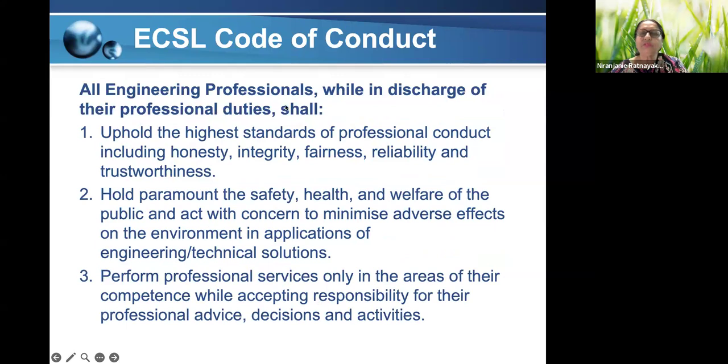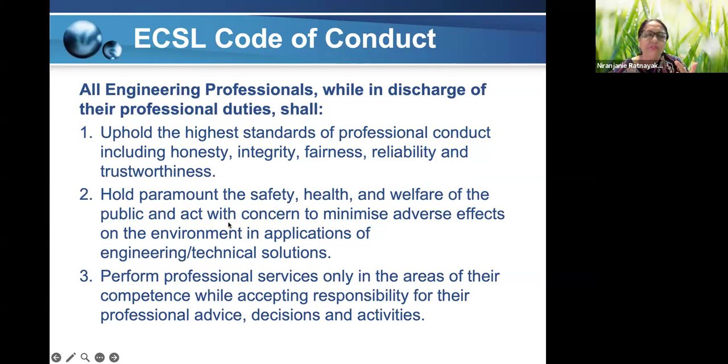It says all engineering professionals, while in discharge of their professional duties, shall uphold the highest standards of professional conduct, including honesty, integrity, fairness, reliability, and trustworthiness. So our second clause is there. Then hold paramount the safety, health, and welfare of the public and act with concern to minimize adverse effects on the environment in the applications of engineering technical solutions. Right, so that is our 1.